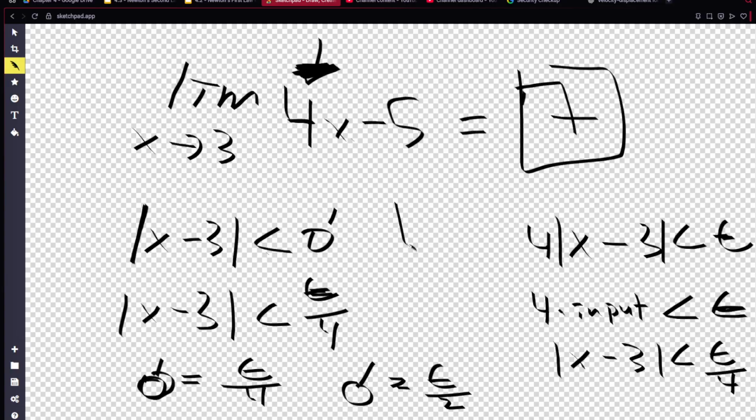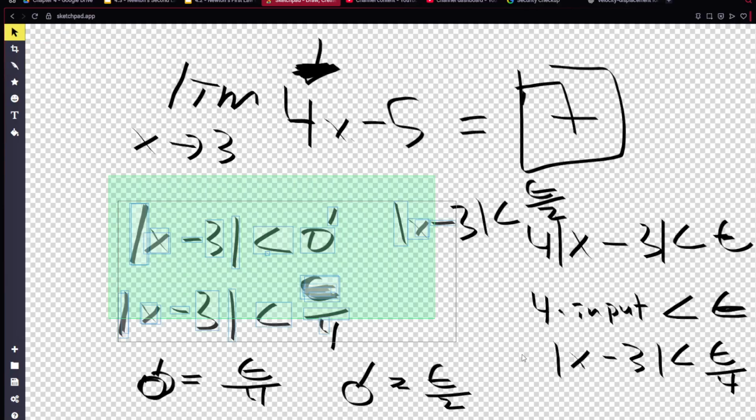If we plug in x minus 3 is less than epsilon over 2, this doesn't make sense because this has to be smaller than epsilon over 2, but then this has to be smaller than epsilon over 4. But we just proved that its maximum can be epsilon over 4. But then this is less than epsilon over 2, which means that it has a wider resistance band, and that is not what we want. So that's all that means.